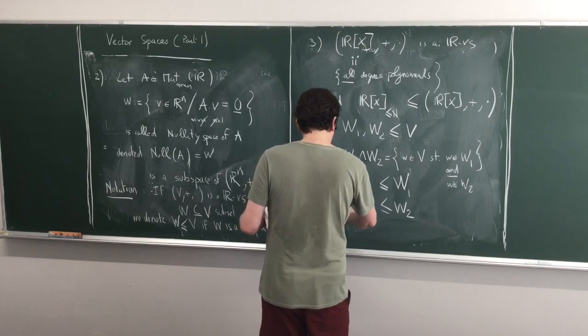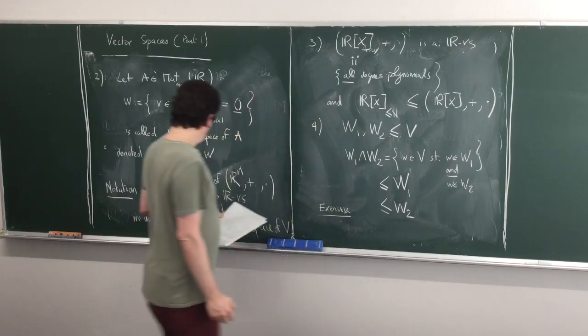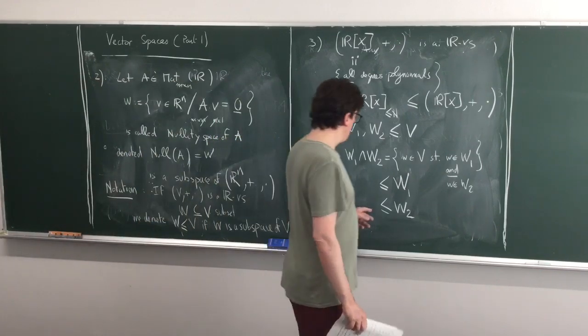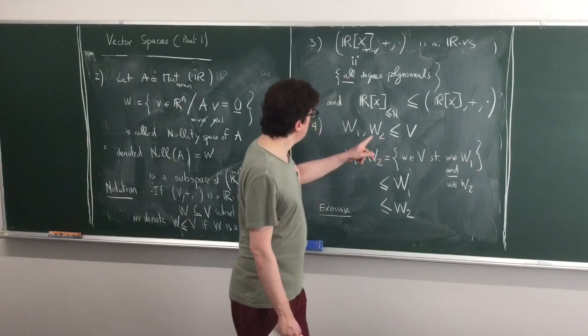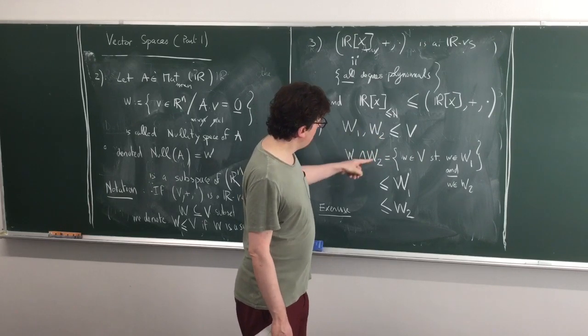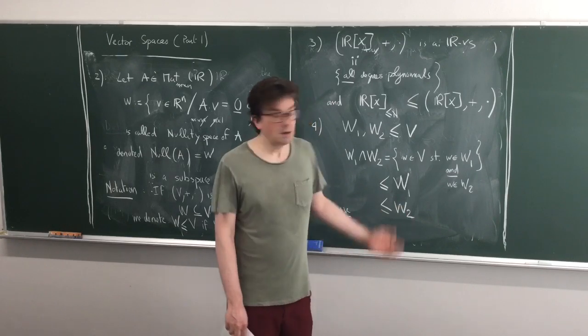So try to prove this exercise. You need to prove that if you are given two subspaces and you take the intersection, then it is a subspace of each initial vector space.